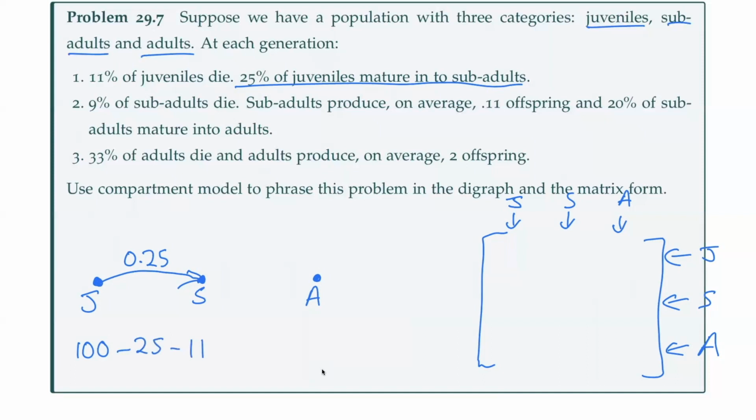So we're going to be subtracting 36. That means that 64% of my juveniles must stay as juveniles. So we have a 0.64 in the J to J loop, and in the J to S entry, which is going to be here, we have 0.25. And there is no movement from J to A.